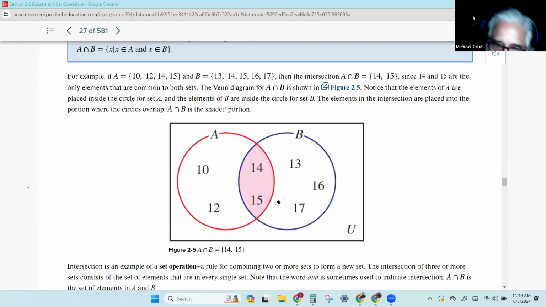So that little football right there, half blue, half red, is the A, and then the symbol, the upside down U. You could look at it as kind of 2 eyes if you want to help you remember intersection. The intersection between those 2 sets is 14 and 15.